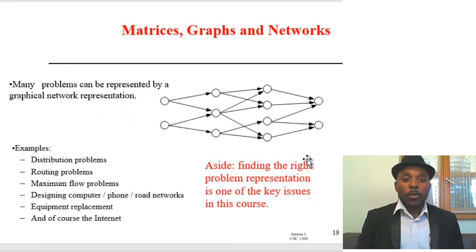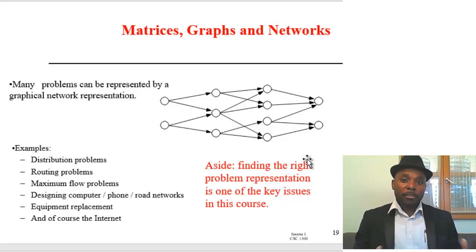And then the other topics we're going to cover are matrices, graphs, and networks. Matrices are very important for computer scientists, and also graphs, and these graphs can be represented as matrices. Graphs are basically a bunch of nodes connected by lines, sometimes called edges.